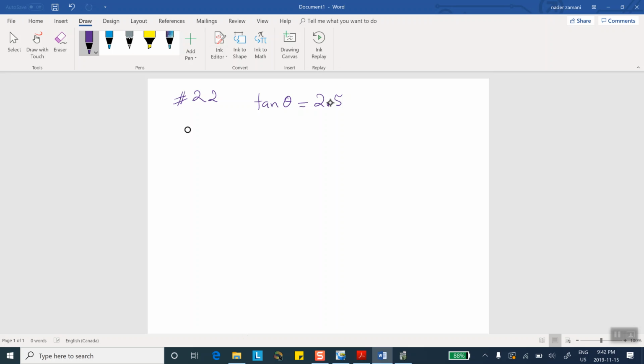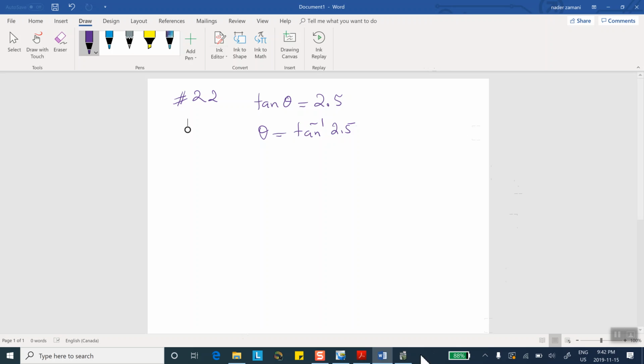I don't recognize which angle has 2.5 as a tan, so I have to use my calculator, namely theta equal to tan inverse of 2.5. Now remember, the calculator spits out an angle for tan inverse that's between minus pi over 2 and pi over 2. It just gives you one value. Then you have to go and find out what the other value is, and then keep adding multiples of pi to it.